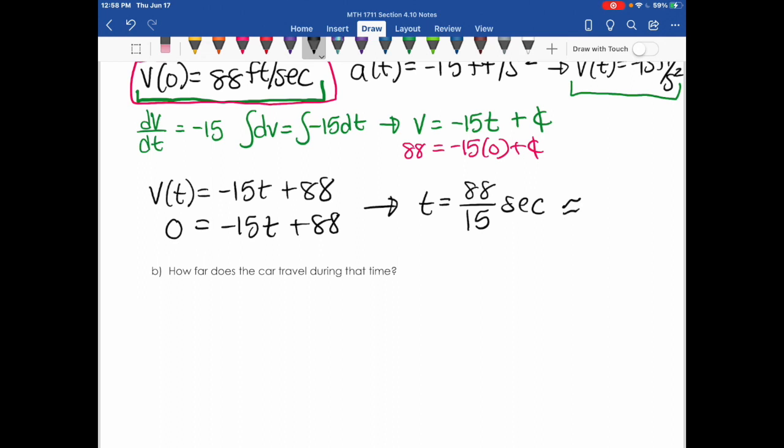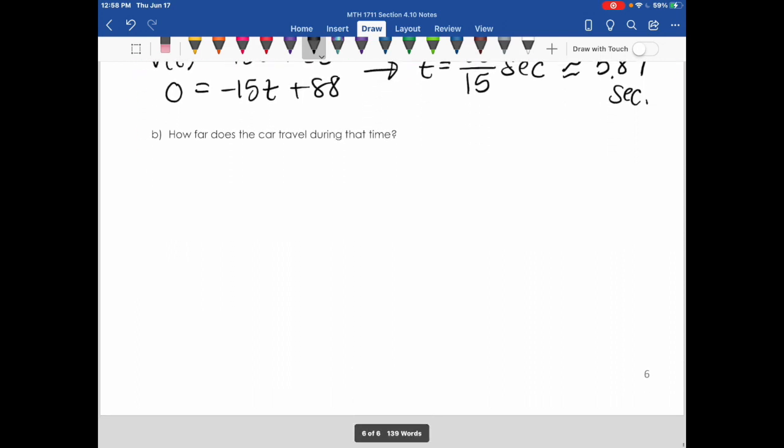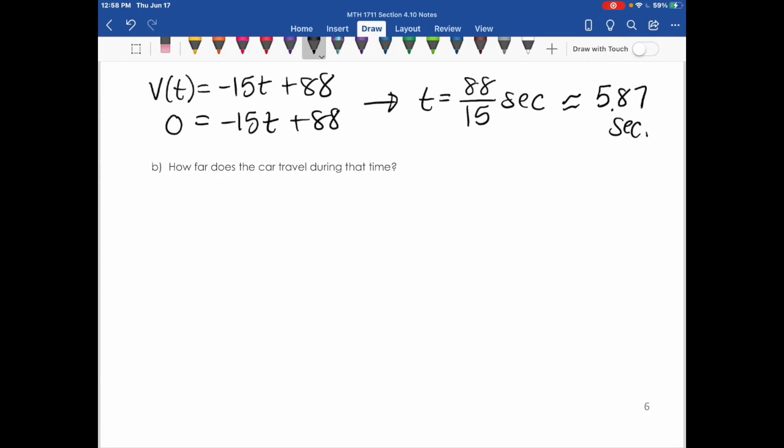And we can approximate that. 88 divided by 15 is approximately 5.87 seconds. So it took the car about 5.87 seconds to come to a complete stop after they hit the brakes.